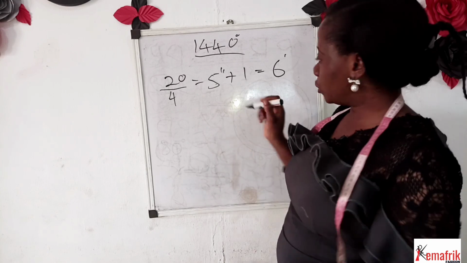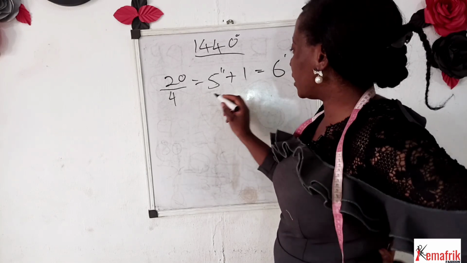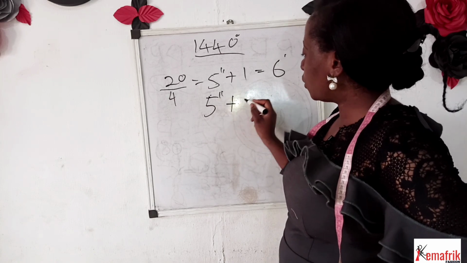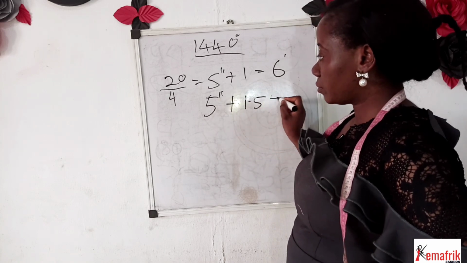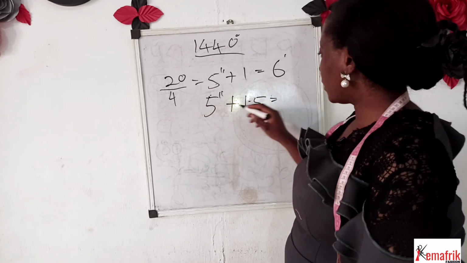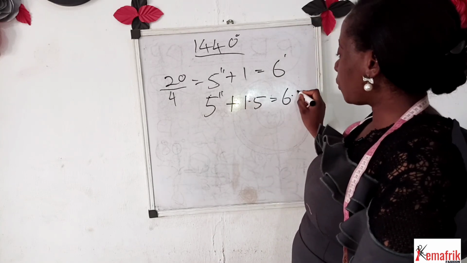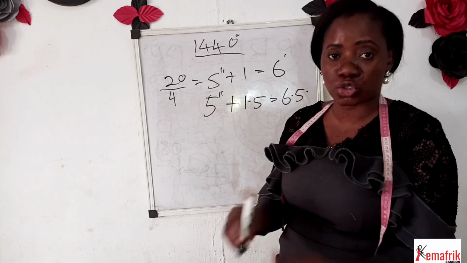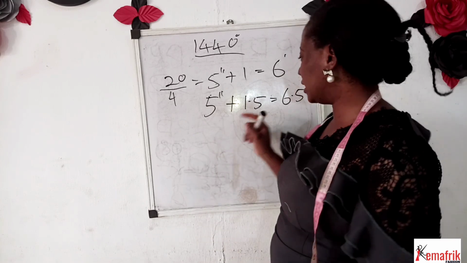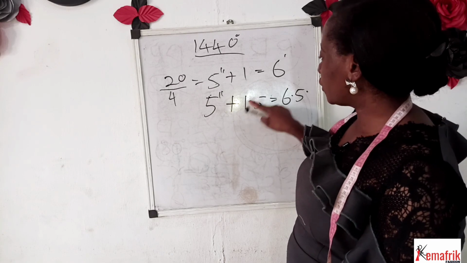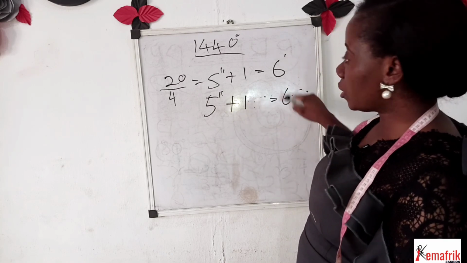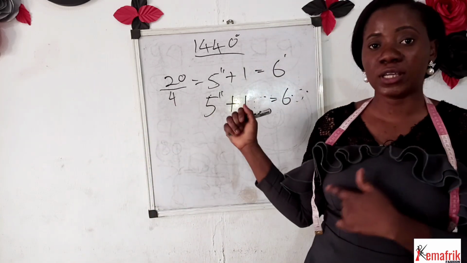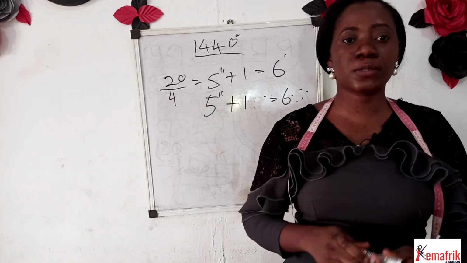So for the 2 flares we'll be having at the back, it will be 5 inches plus 1.5 inches, and that will be 6.5 for those going towards the back. But once again, remember, I'm just demonstrating and I'm not attaching a zip, so I'll just make use of 6 inches for all the quadrants. Okay, but note this if you're putting a zip allowance.